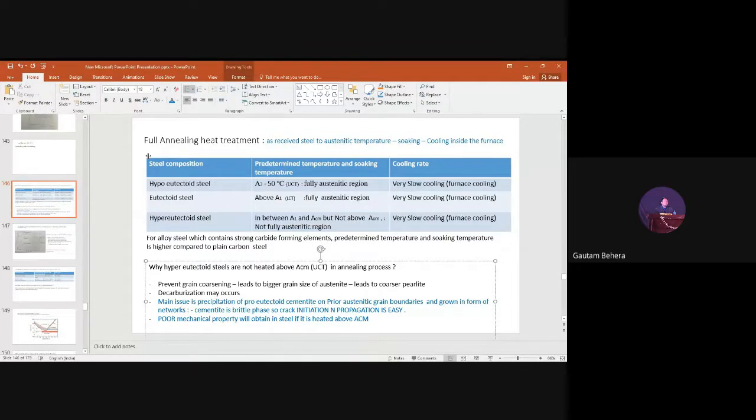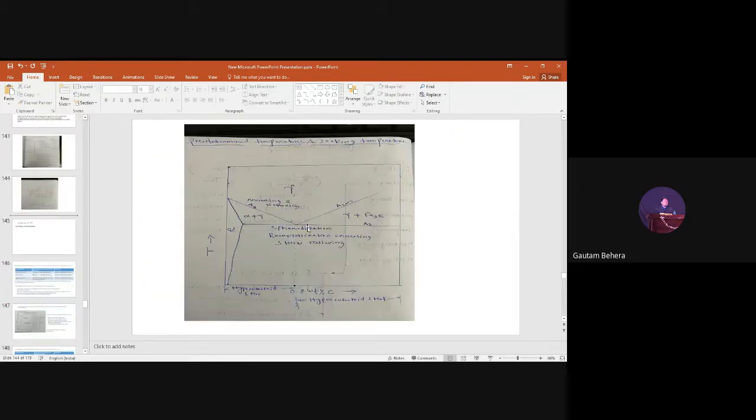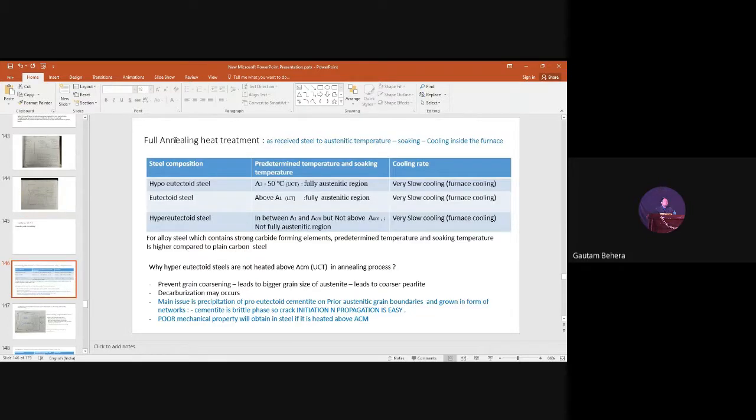So you people have understood what is full annealing exactly, right? Then we'll discuss this one. Yes, we can classify annealing into a few categories. If you remember, we have many kinds of annealing processes: one is full annealing, one is normalizing, one is recrystallization annealing, one is stress relieving annealing. What we have discussed is full annealing.